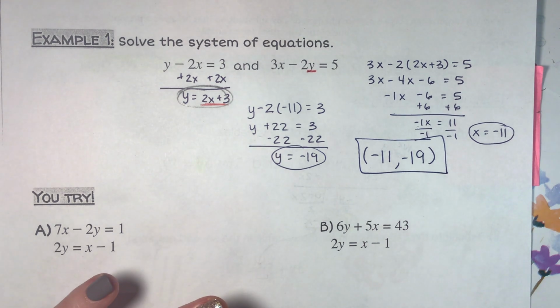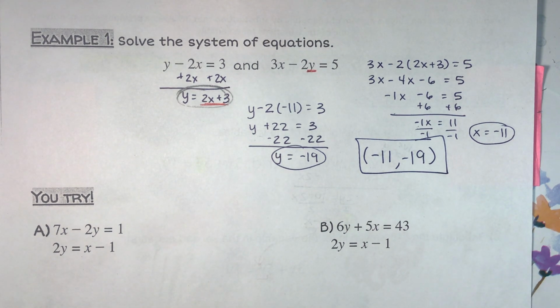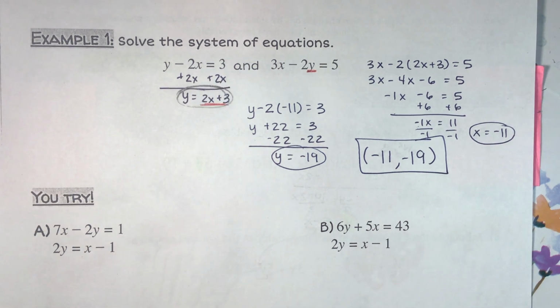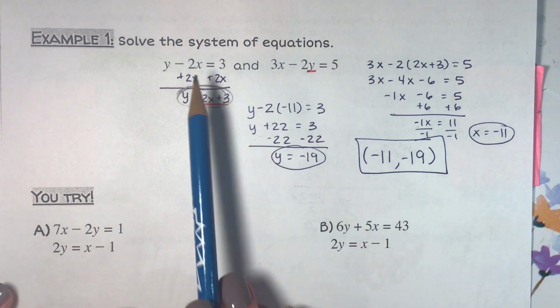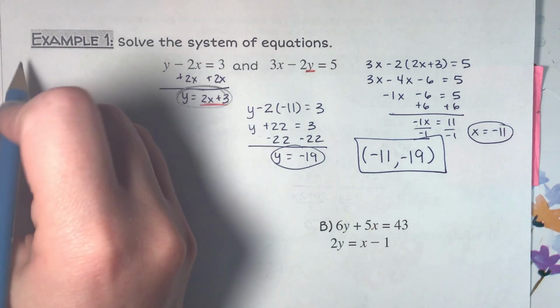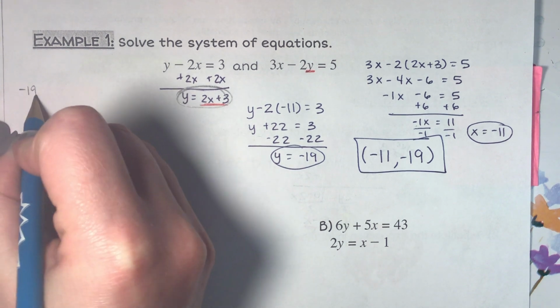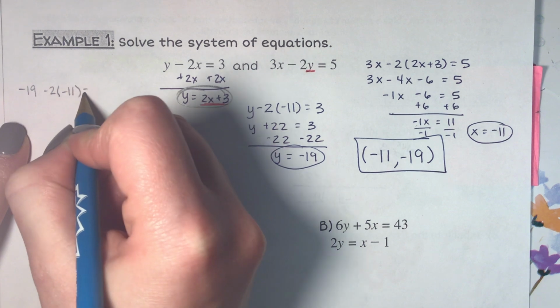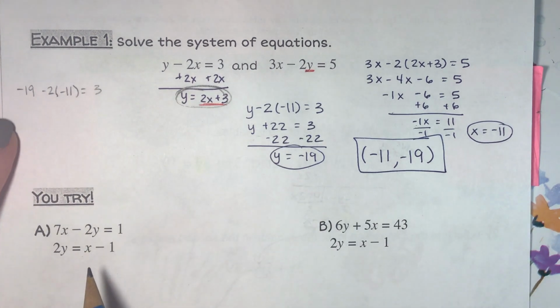But I always want to check my work on these because there are a lot of steps. Okay. I'm going to take my values, and I'm going to stick them into both of my equations. So I have negative 19 minus 2 times negative 11 is equal to 3.